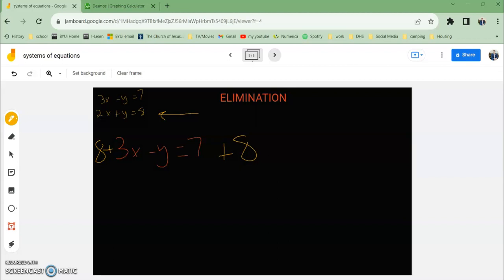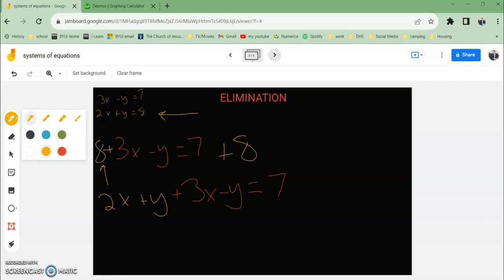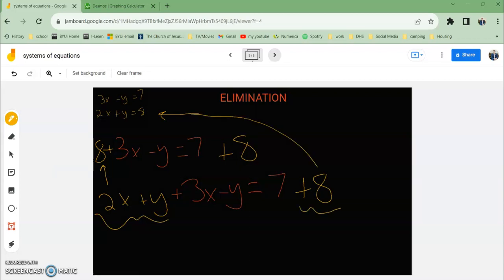So instead of saying 8 on the left, we can say 2x plus y, and then we still have the plus 3x minus y, and that should equal 7. And we can leave the 8 by itself on the right, because those two are still the same. We already said that right here.